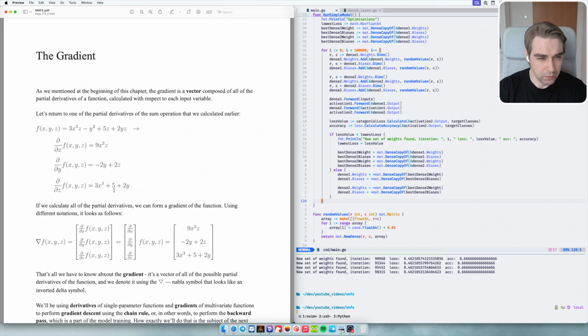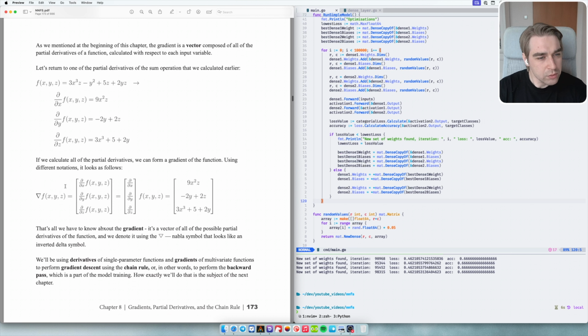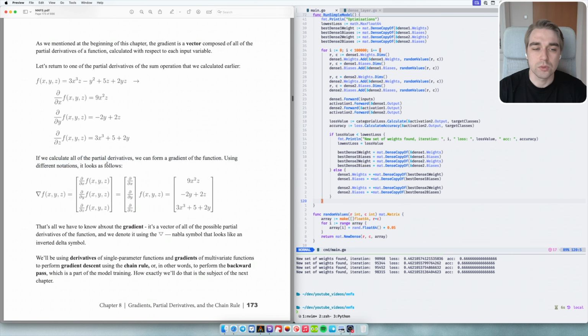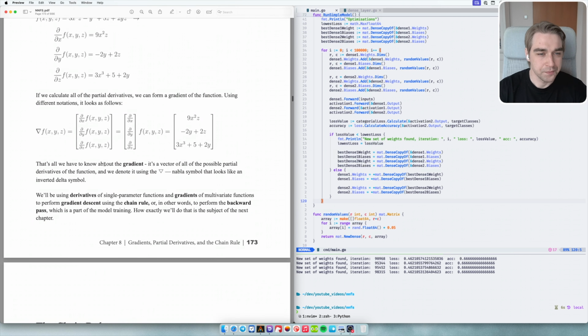Right? Am I right? If we calculate all of the partial derivatives, we can form a gradient of the function, using a different notation. It looks as follows. Okay, so this is the gradient, nabla, the inverted delta symbol. So the nabla.